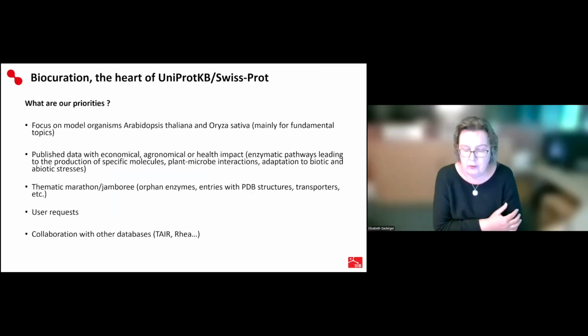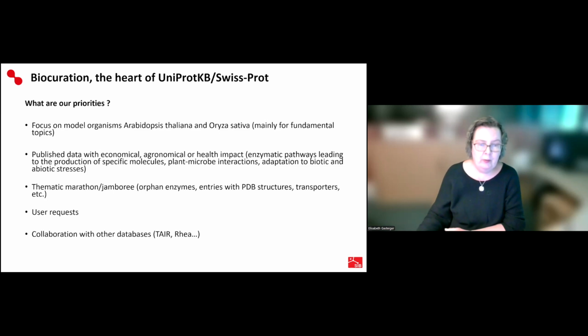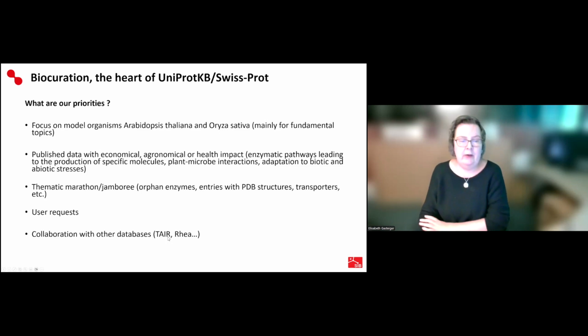And importantly for you to know, we give priority to user requests. So as I'll say in the end, you're very welcome to send update requests and to suggest publications, for example. We also collaborate with other databases and exchange data with them, as they often specialize in data that we don't have to that level of detail. For example, TAIR and RAP.